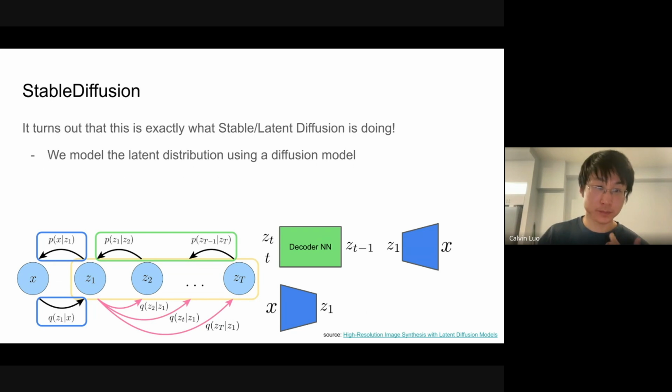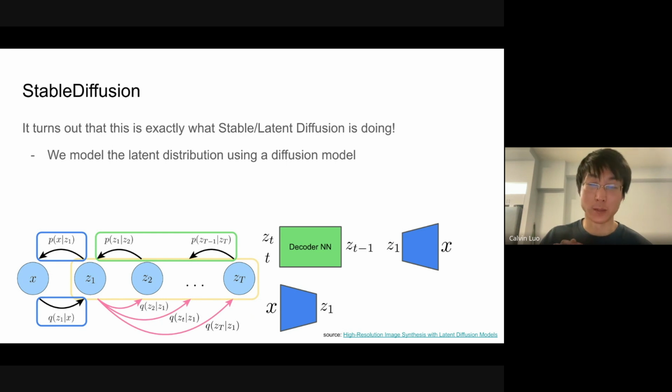Well, it turns out that visualization is exactly what the Stable or Latent Diffusion model is doing, where now the latents are modeled using a diffusion model. So all the diffusion modeling is happening in the Z1 space with the same dimensionality, but X has maybe a larger dimensionality, like a natural image. And once again, we can throw out the encoders because it's just Gaussian transitions. Here, we just need to learn 3 neural networks.